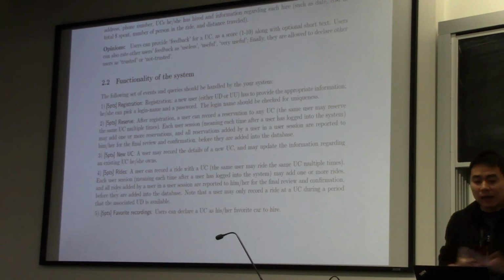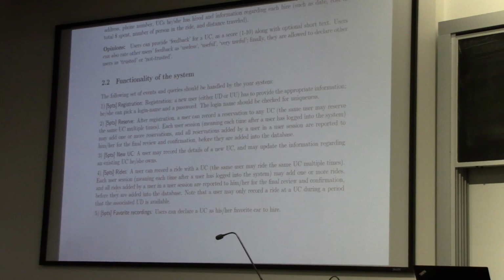Then it asks you to have a bunch of functionality. Of course, you have to allow users to register, either an Uber driver or Uber user may register him or herself to your system. And an Uber user may make a reservation ahead of time, meaning that I know tomorrow this time I'm going to use the car, so I want to make a reservation.